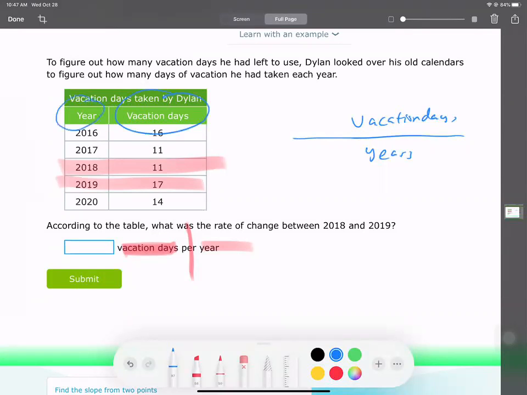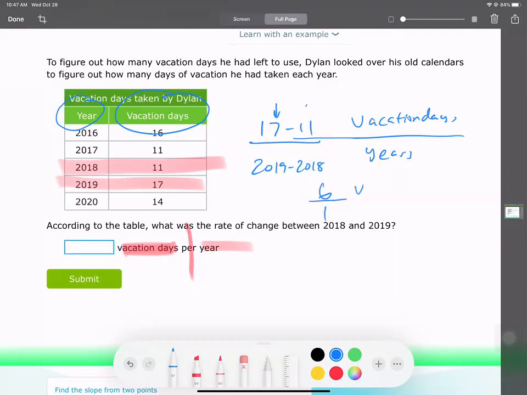All you do to find the rate is subtract over 2019 minus 2018. You subtract the values to figure out the difference so we can find out what that rate is. So 17 minus 11 is 6, and 2019 minus 2018 is 1.